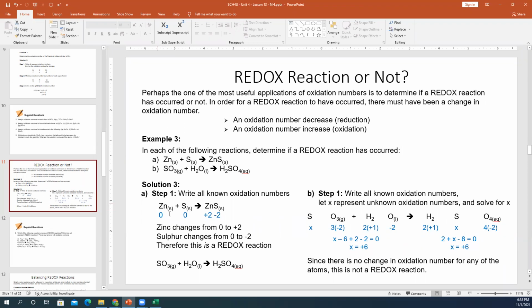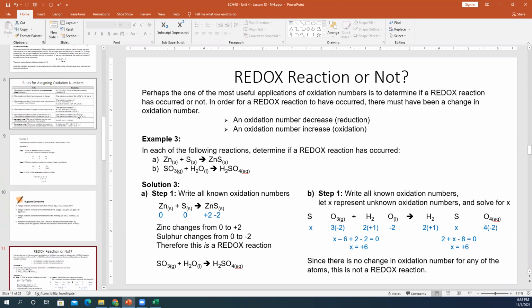So we know that any elements in their lone state here by themselves are going to have an oxidation number of 0. So let's refer back to that table.